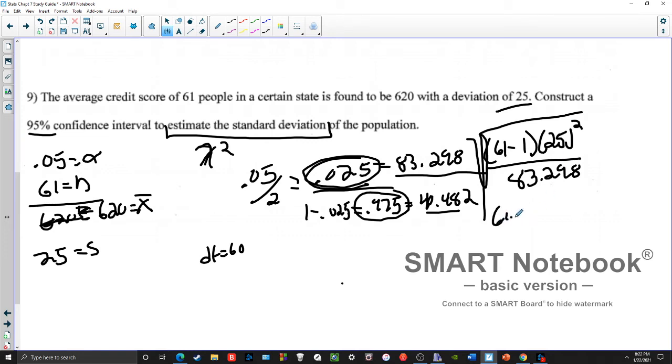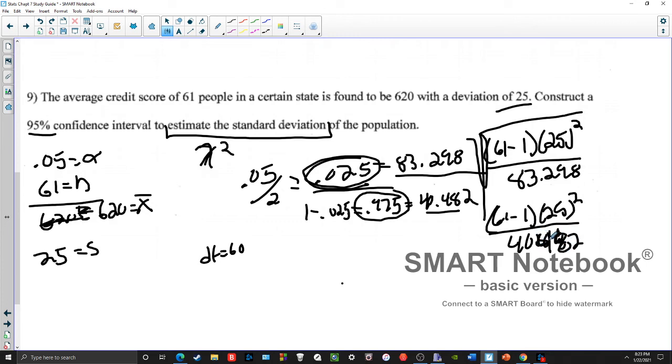It'd be 61 minus 1 times 25 squared, all over 40.482. Sorry, I had to rewrite that.